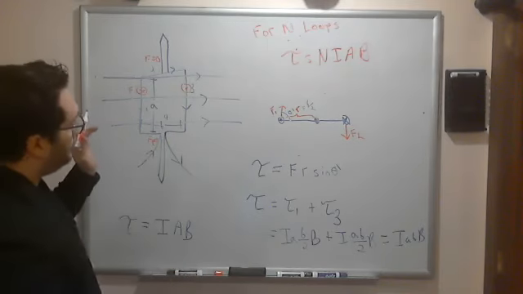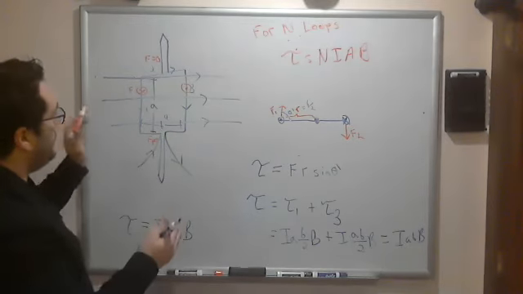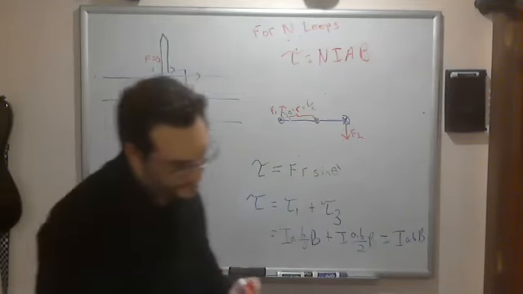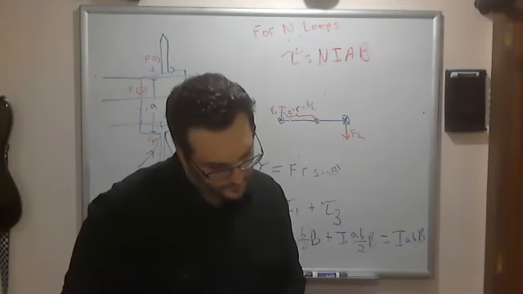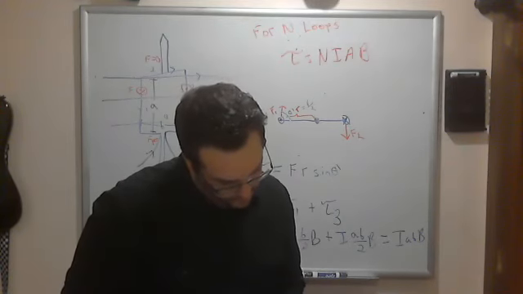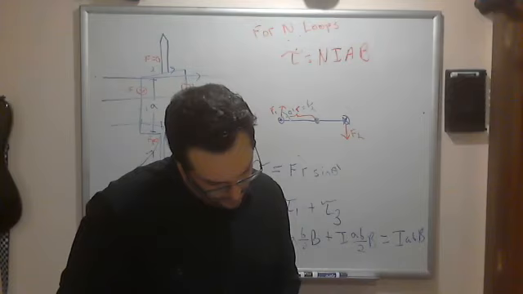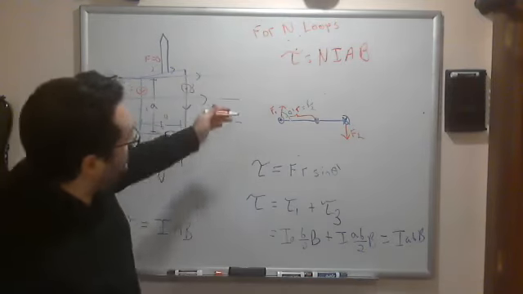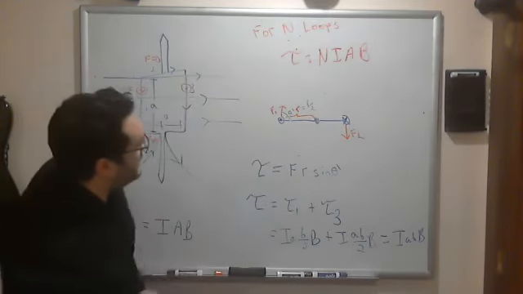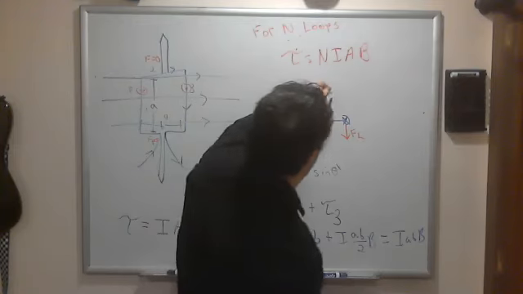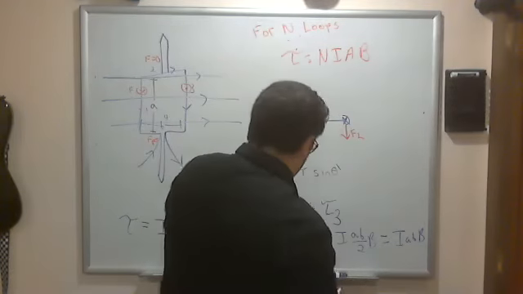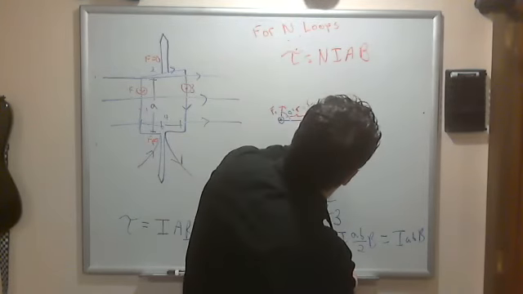Now, when it rotates around, imagine, so right now we're looking at it in this position. And right now the B field, let me draw the B field so you know how it is.